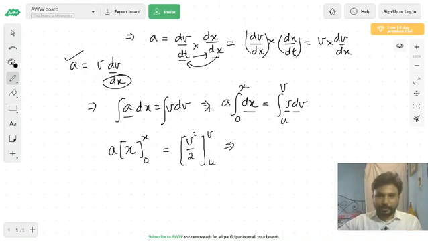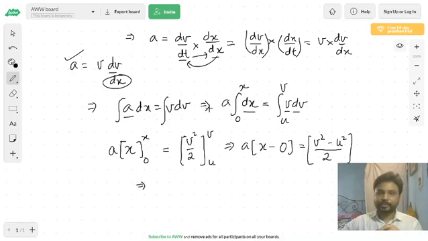So acceleration a remains as it is. We assume that acceleration is a constant. We put the final limit x minus the lower limit 0. Then again we put the final limit v square minus the lower limit u square, upon 2.